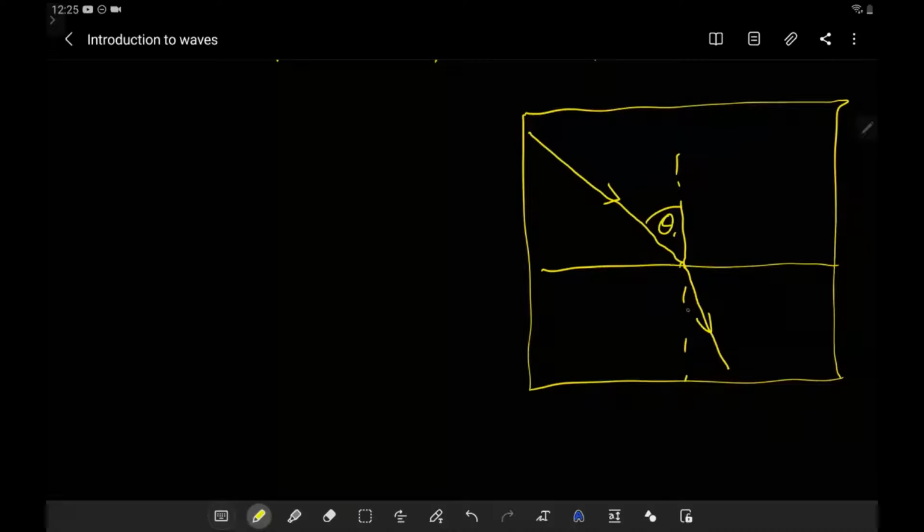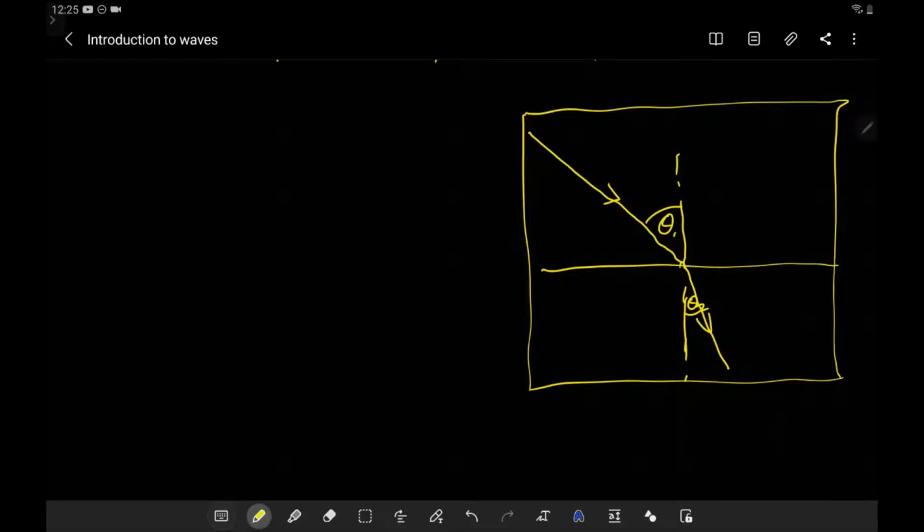This is our normal line, and we have an incoming beam like this, and it will bend towards the normal because it's a denser medium. We call this here theta 1, and this here theta 2, angle theta 2.